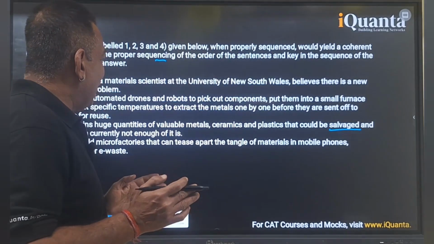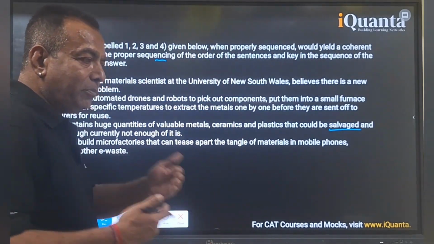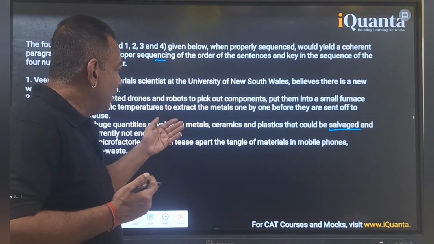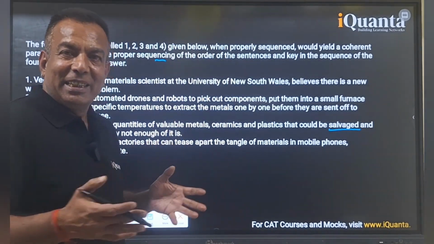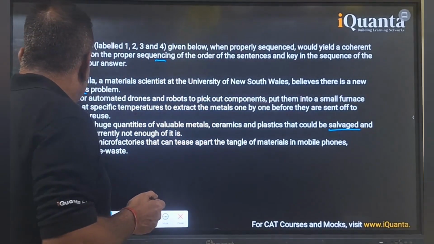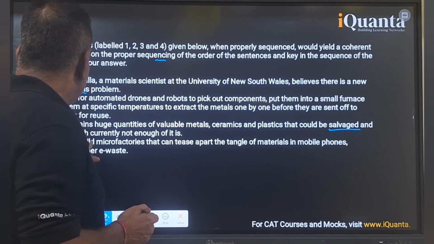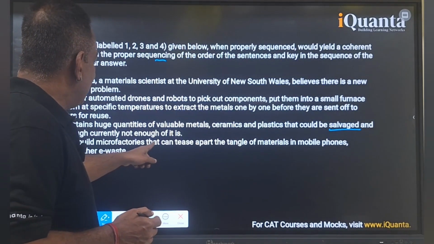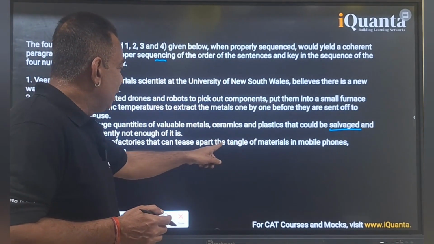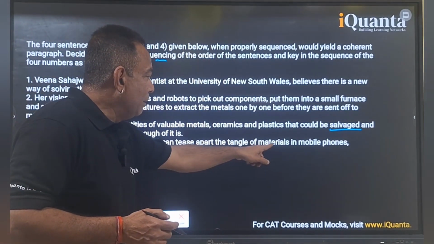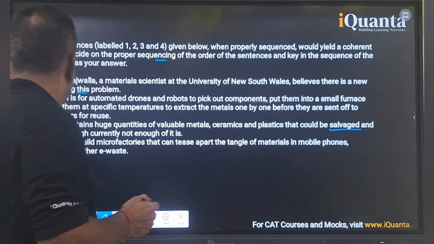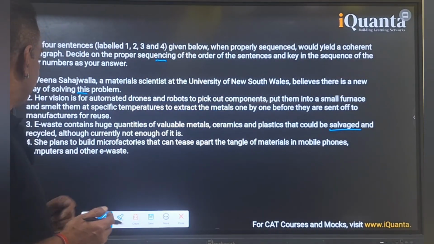We are not actually taking out metals from the waste that is around us. Number 4, she plans to build micro factories that can tease apart the tangle of materials in mobile phones, computers, and other e-waste.